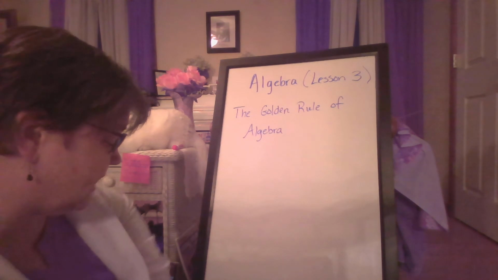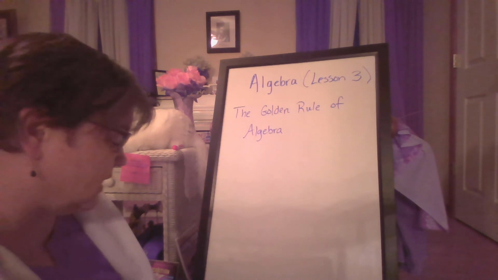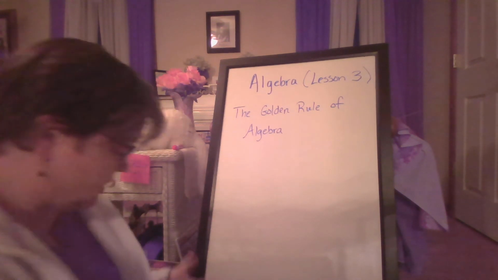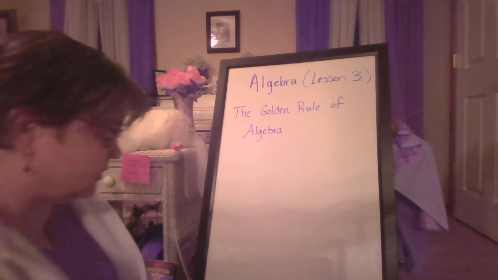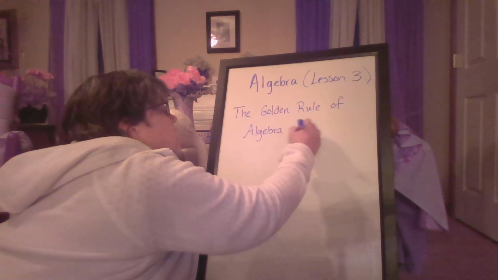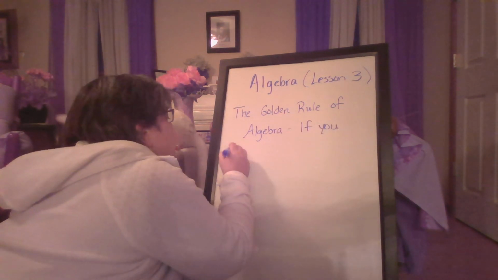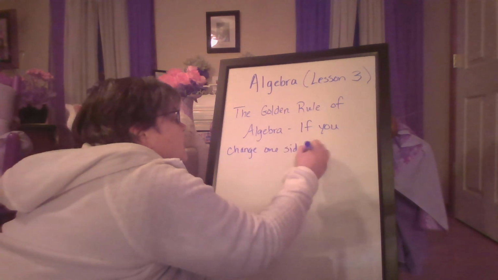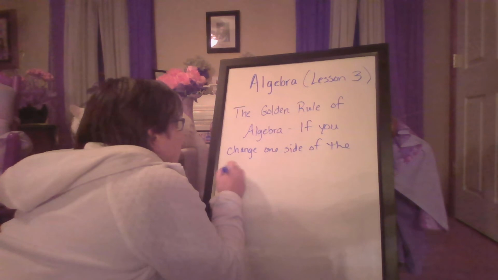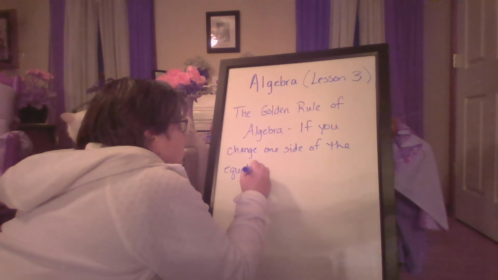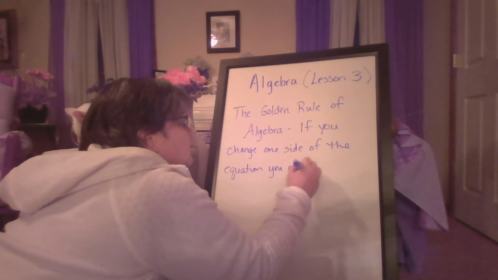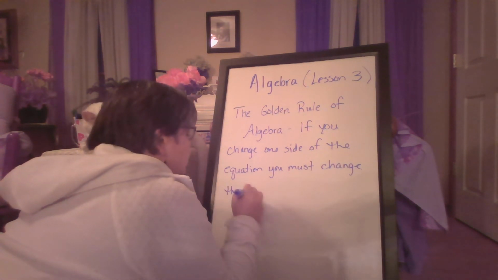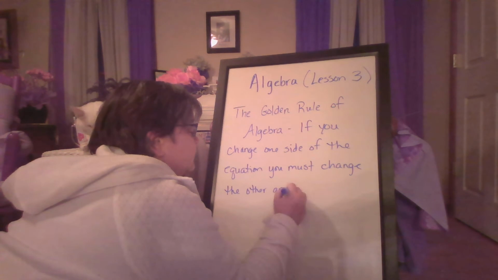If both sides are in balance to begin with, they should be in balance after we subtract the same amount from both sides or add the same amount to both sides, etc. If you change one side of the equation, you must change the other as well.